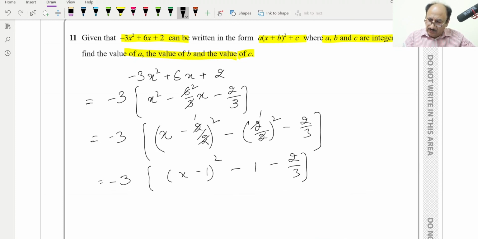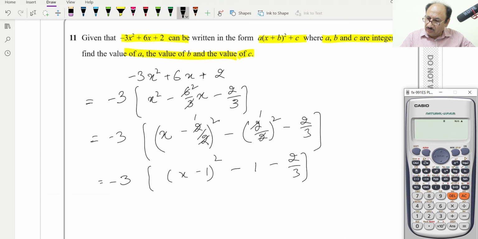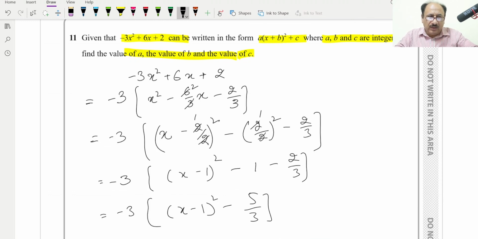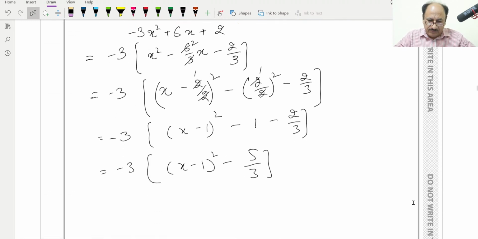Further we can use the calculator, so it will be 1 minus 1 minus 2 over 3, and this is equal to minus 5 by 3, so we can write minus 3 and x minus 1 whole square minus 5 over 3.